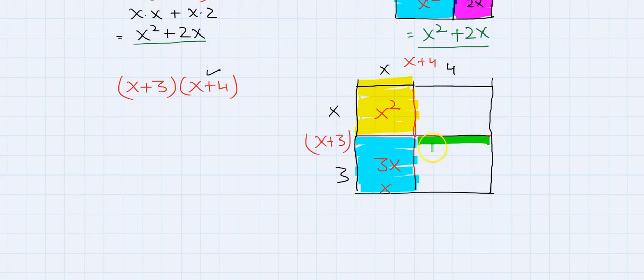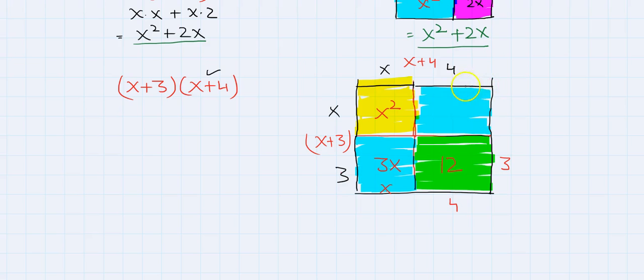Now let's talk about this area. This is 3, so this is also 3. This side is 4, so it's going to be 4. So this area is 3 times 4, this is 12. Now we have one more area, the remaining one.